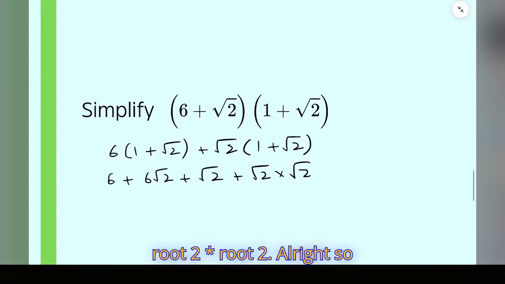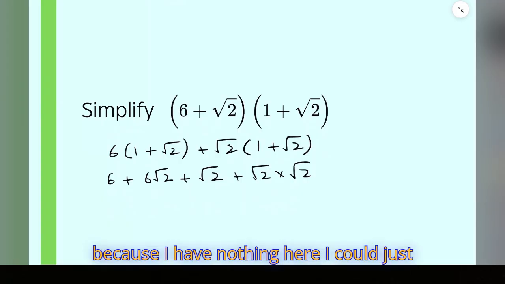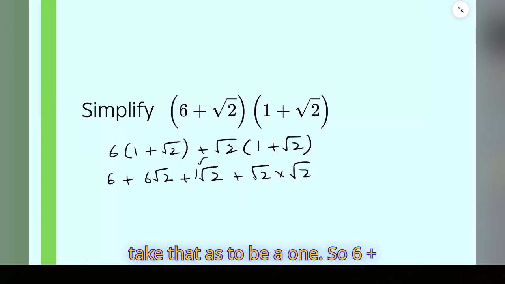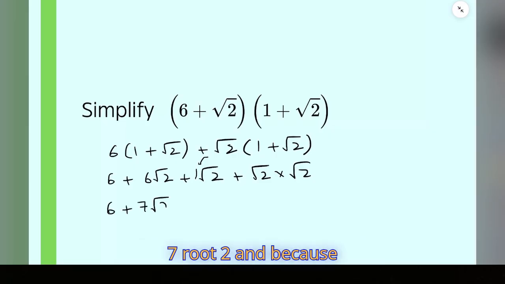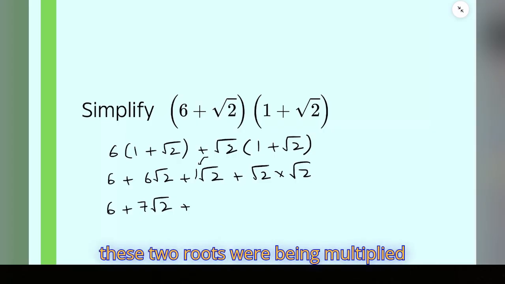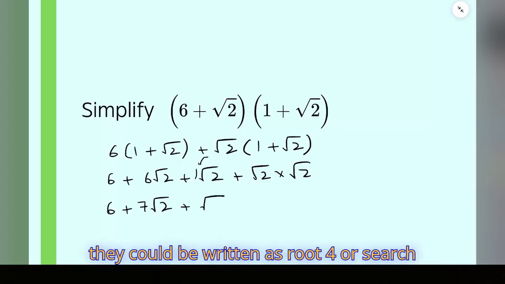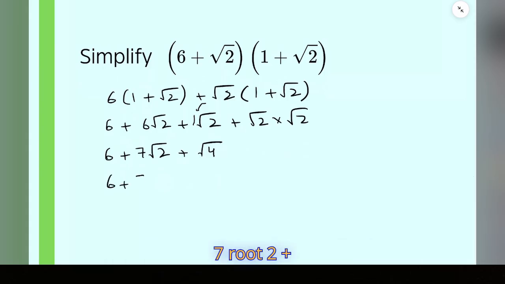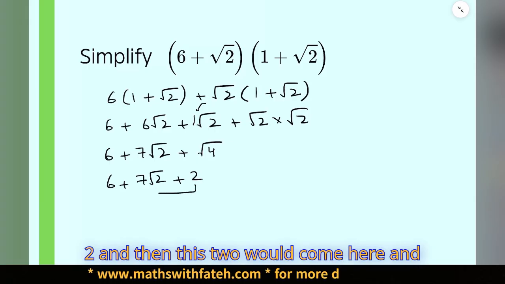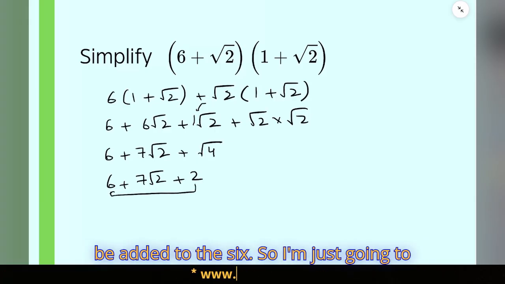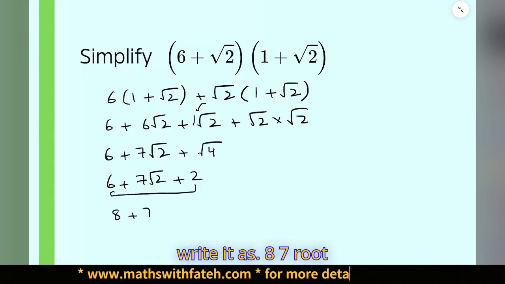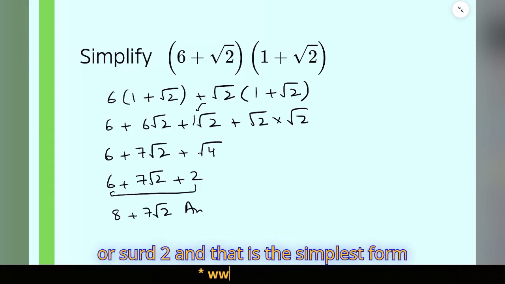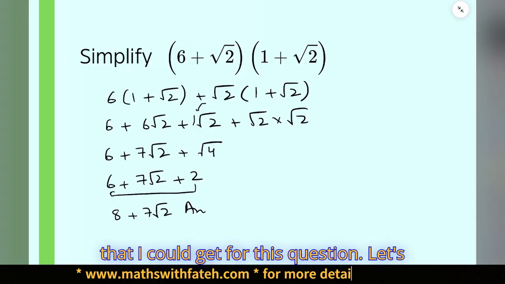Because I have nothing here, I can take that as a 1. So 6 plus 7 root 2, and because these two roots were being multiplied, they can be written as root 4. So I'm going to change that into 6 plus 7 root 2 plus 2, and then this 2 comes here and is added to the 6. So I write it as 8 plus 7 root 2, and that is the simplest form I can get for this question.